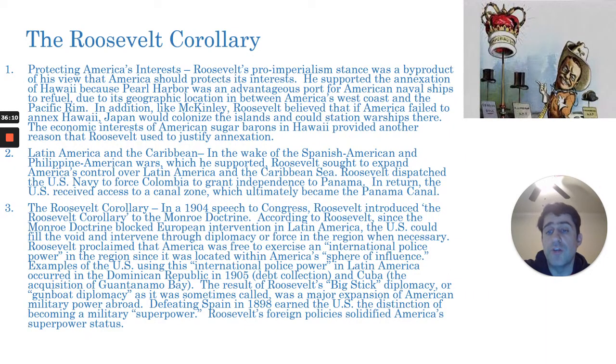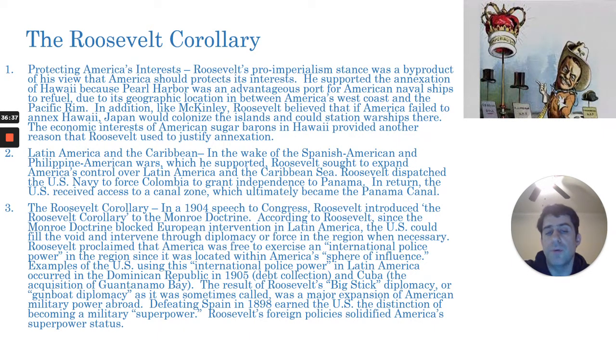America would use this international police power that Roosevelt claimed they had in the Roosevelt Corollary repeatedly in Latin America during this time. In 1905, they used it in the Dominican Republic to oversee and force the Dominican Republic to pay foreign debts to the U.S. that they owed.